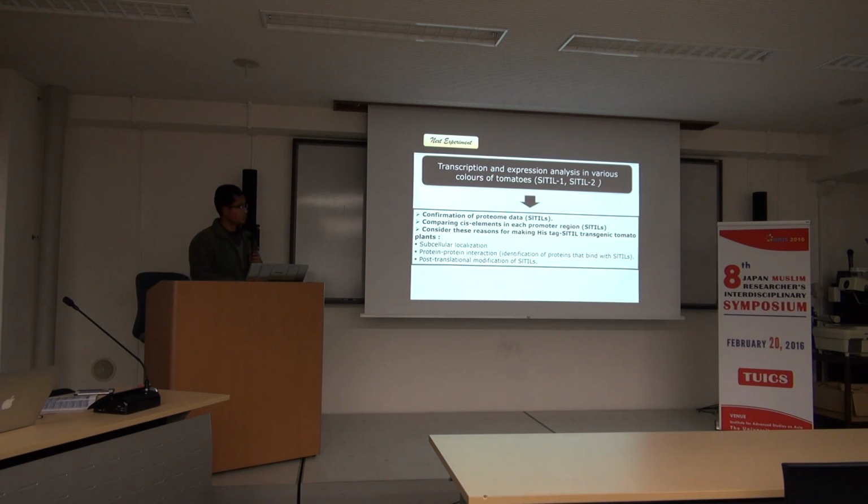In the next experiment, we want to confirm the proteome data, and compare the protein region and the promoter region, and for this reason we make the transgenic tomato. We want to check again, to make sure where the subcellular localization of this protein is, using transgenic tomato.